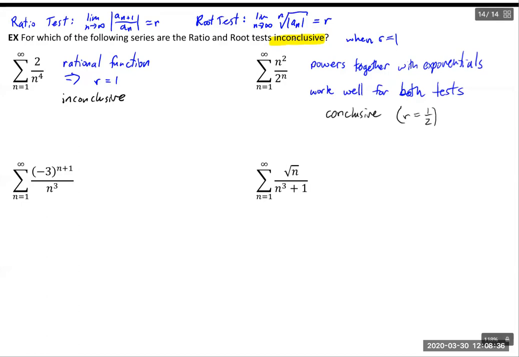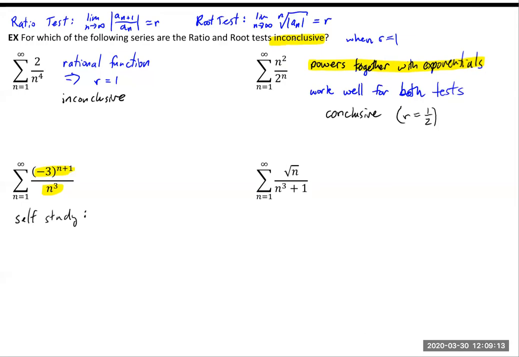All right, let's move on to the next one. Here we have (-3) to the n plus 1 and n cubed in the denominator. This is again a combination of a power and an exponential. And what did I just say? Powers together with exponentials work well for both tests. So this will work out just fine. I suggest you go through and do this one as self-study because there are negative signs right here to worry about.